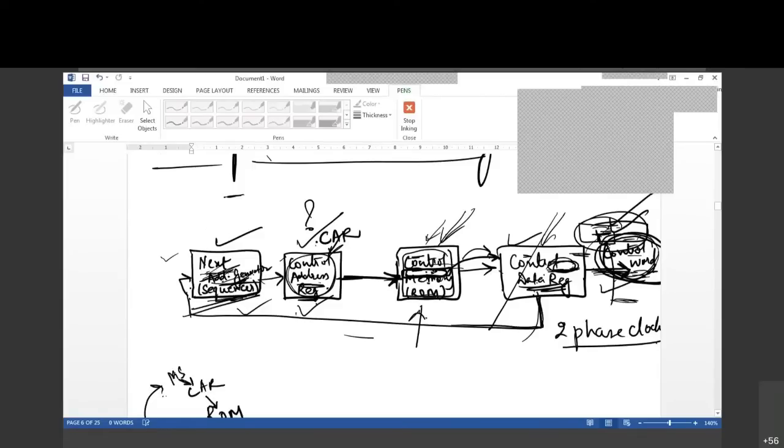It is also known as microprogram sequencer. The task of the next address generator is to generate the next address to identify which instruction is to be executed next. Once that instruction is identified, its address is stored in the control address register, and then the cycle keeps repeating. So this is what we studied in yesterday's session.